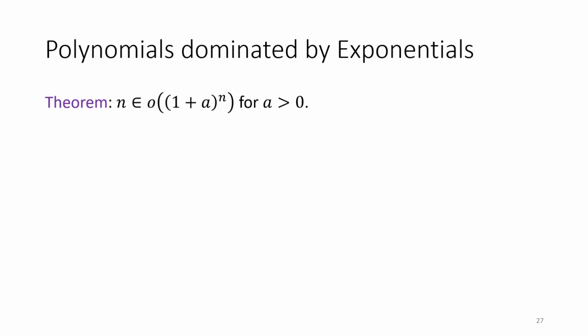And the maybe surprising thing is that the function 1.000000001 to the power n grows faster than n. Even though for the first million or however many it is, it's below that cutoff point, that crossover point. But after that point, there will be the crossover point.